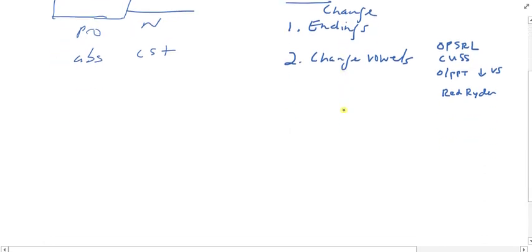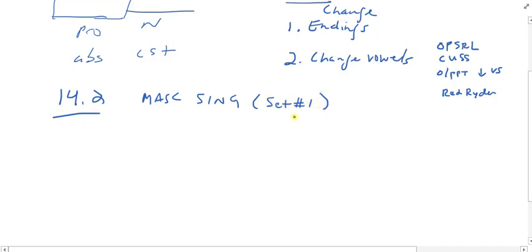So let's go to 14.2, okay? We have already looked at all the forms of the singular noun horse, and 14.2 is dealing with a masculine singular noun. So which pronouns are we going to be attaching? We're going to be attaching set number 1 pronouns. These are the eHarmony pronouns, okay?